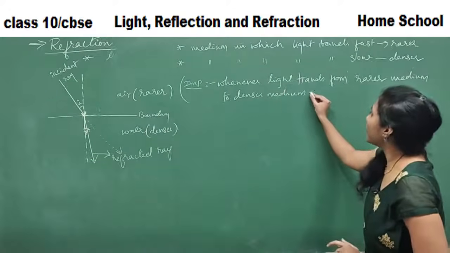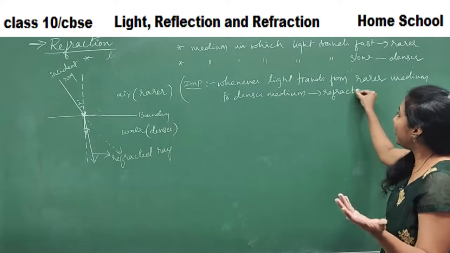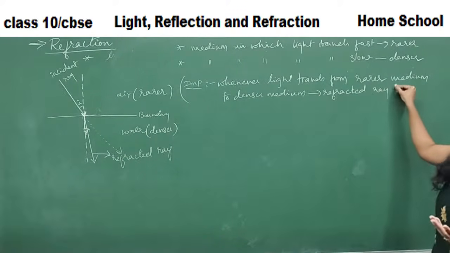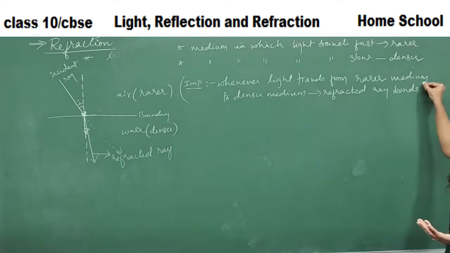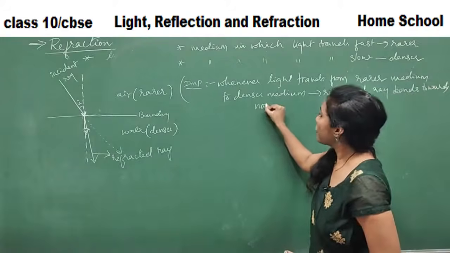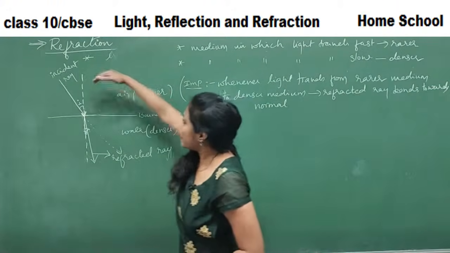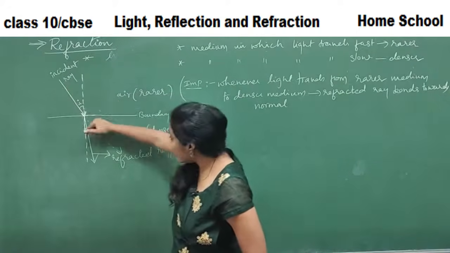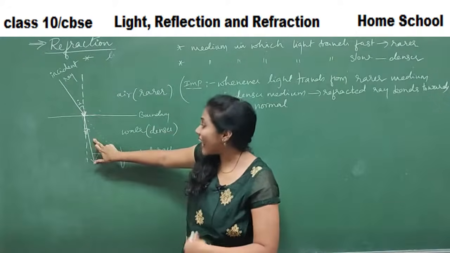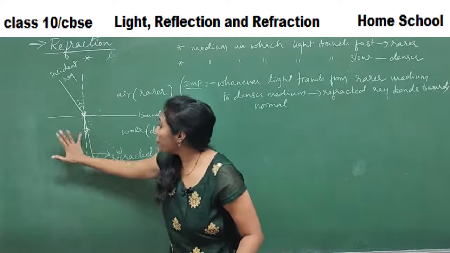This is a very important point. Refracted ray, to which side will it bend? Refracted ray bends towards the normal, guys. Bends towards the normal. Clear, everybody? So when light is traveling from rarer medium to denser medium, at that point of time, the refracted ray moves towards the normal.